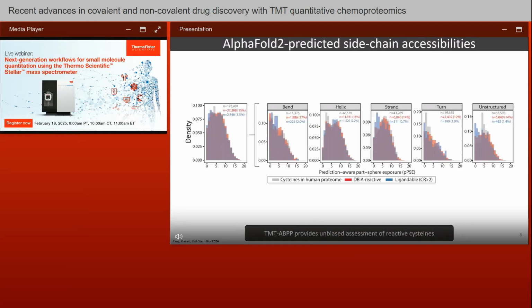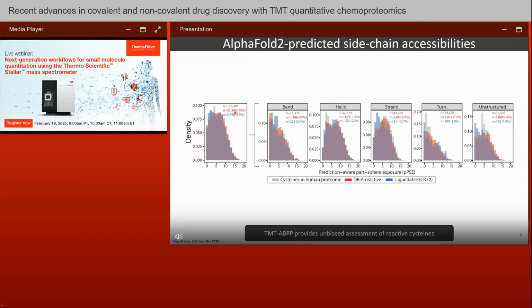And with AlphaFold 2 or 3 that can model or predict protein structures, we're really interested in combining both and seeing if our platform is really unbiased. We want to be able to interrogate all the human cysteines instead of just having a biased measurement on a subgroup of them, right?